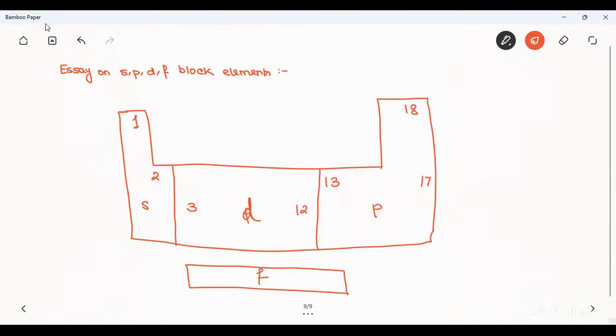This is just something that you need to remember. These are all the questions that I have discussed with you in the S and the P block that have come in your 2020.